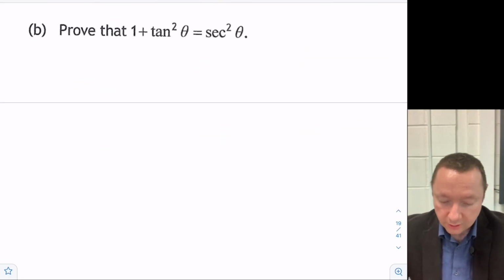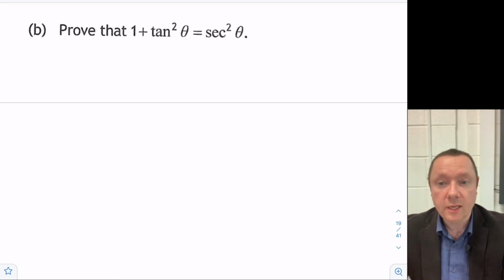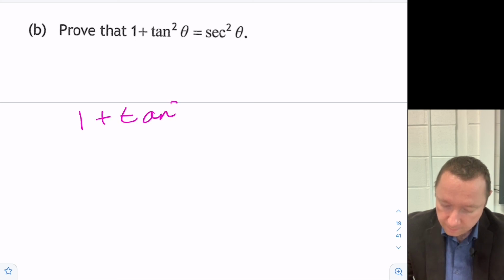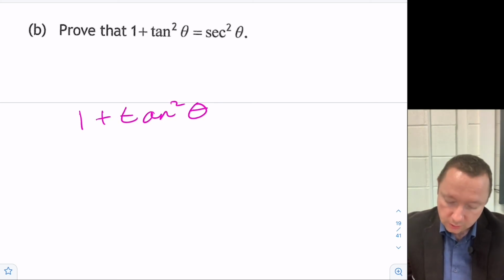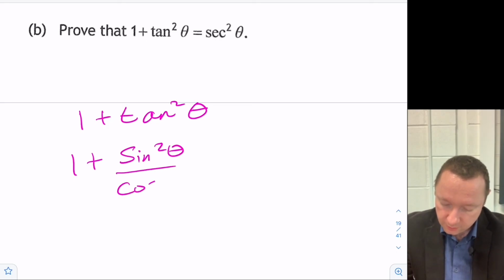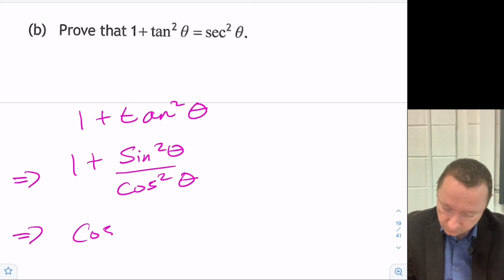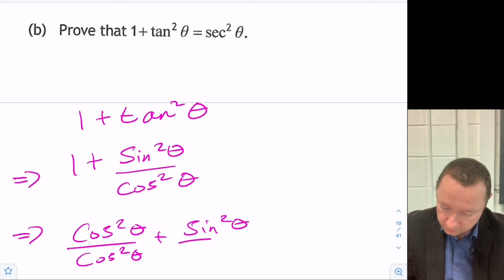Okay, we'll do a trig identity. We'll prove that 1 plus tan squared theta is sec squared theta. So let's just start with the left-hand side. 1 plus tan squared theta. Well, that's 1 plus sine squared theta over cos squared theta. Well, that's just 1 becomes cos squared over cos squared, plus sine squared over cos squared.